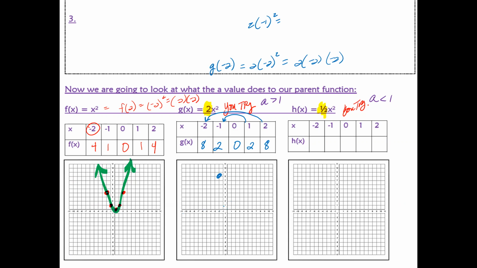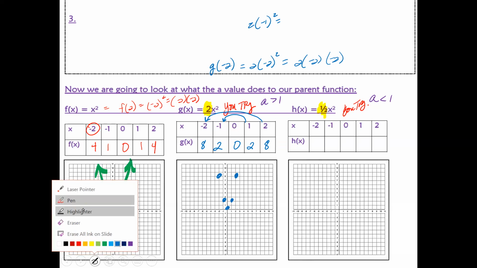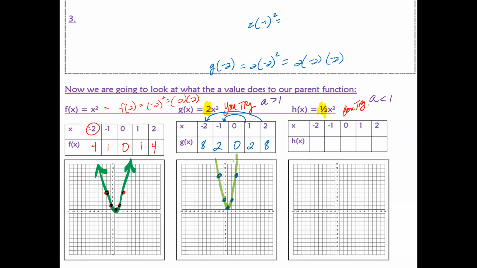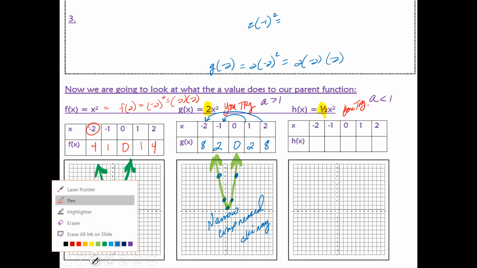At -1, you go up to 2; 0, 0; 1, 2; 2, 8. Let's connect the dots. As you look at the shape of this new graph, notice how it's a little bit more narrow, or I should say compressed. You could say it's skinnier than the last one.